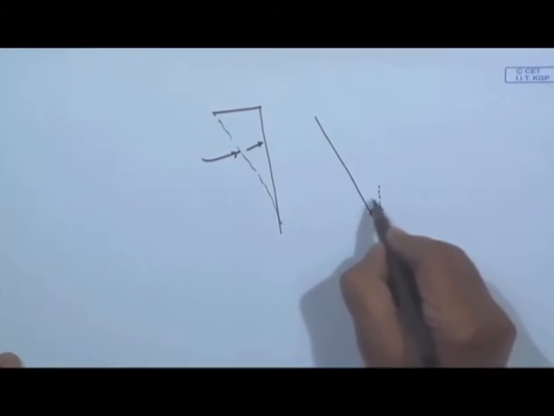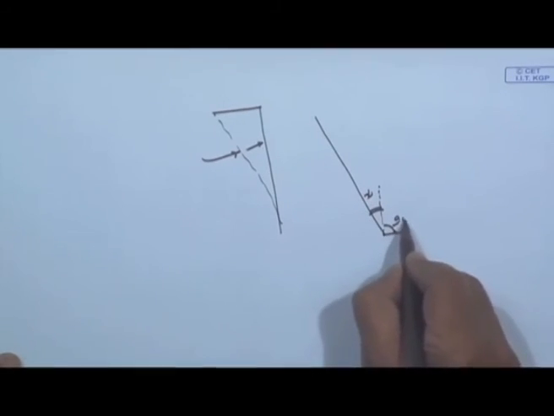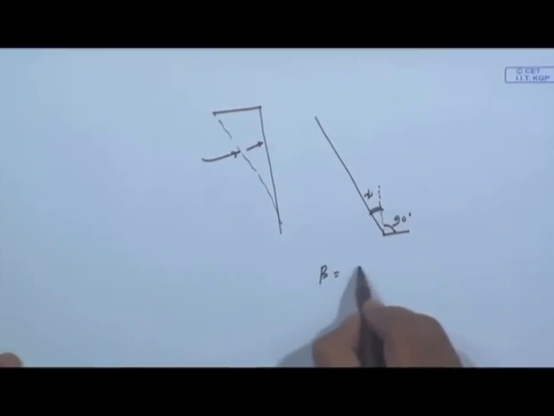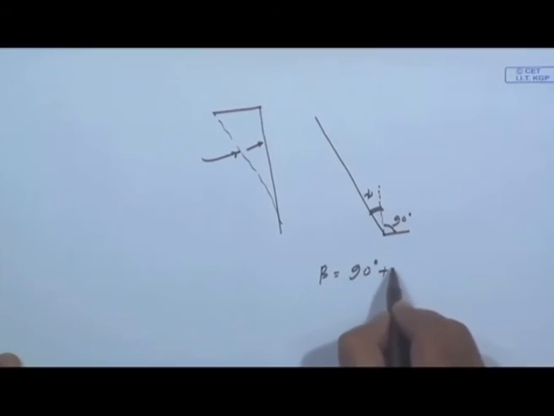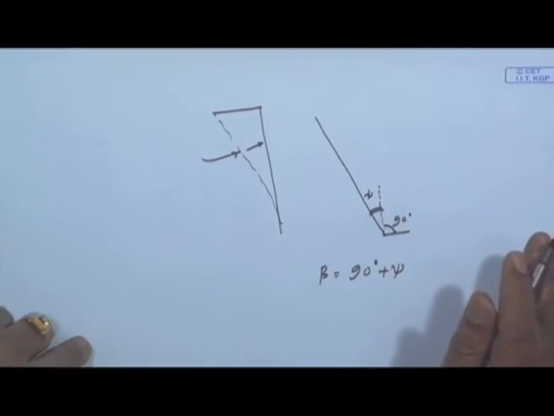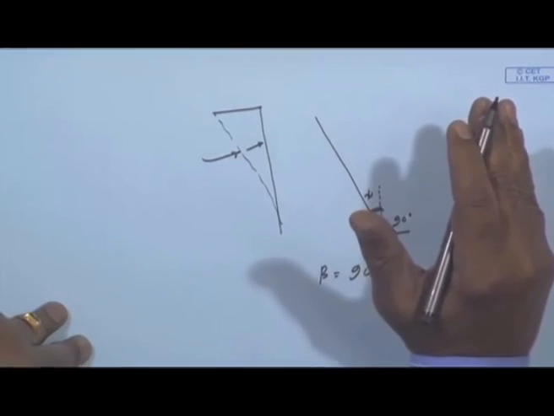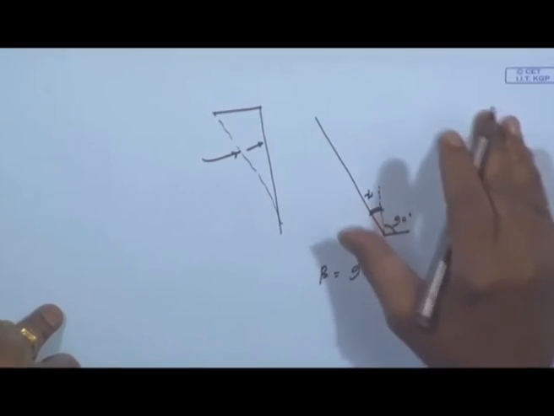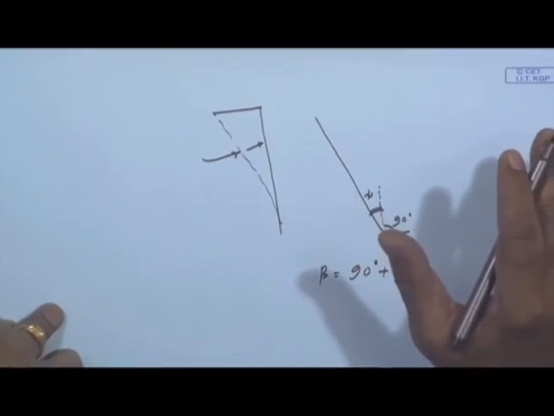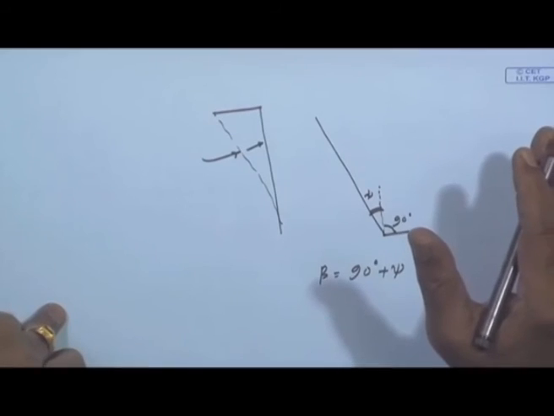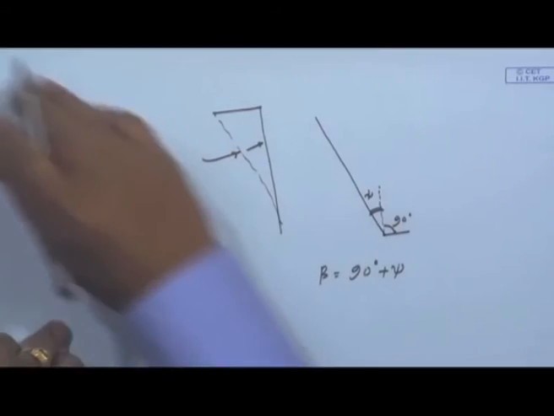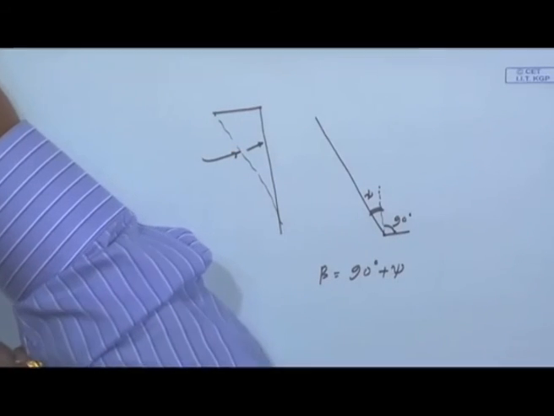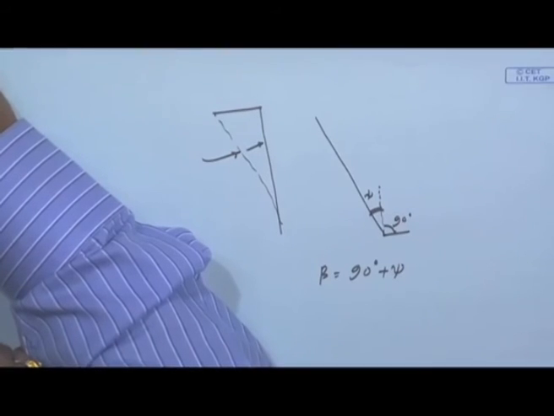This is psi, and this is 90 degrees, so beta is 90 degrees plus psi. So, this is a tilted surface facing the azimuthal angle of the window with beta equal to 90 plus psi. You just have to evaluate Rb bar for that. Correspondingly, you can write down your Fi bar infinity in terms of tan psi by Rb, etc.